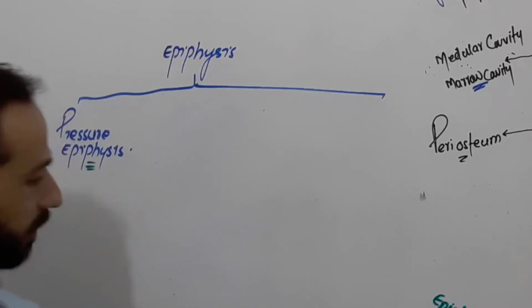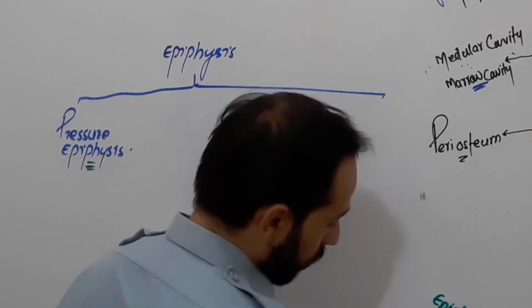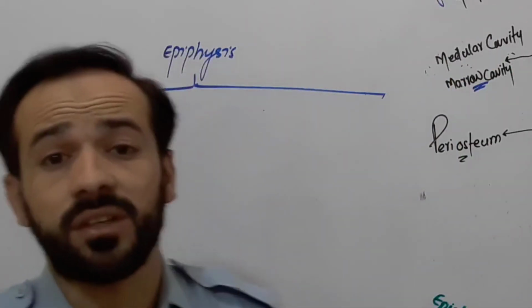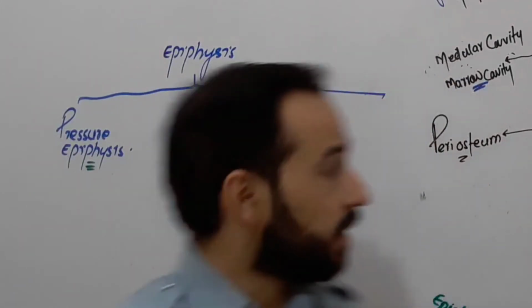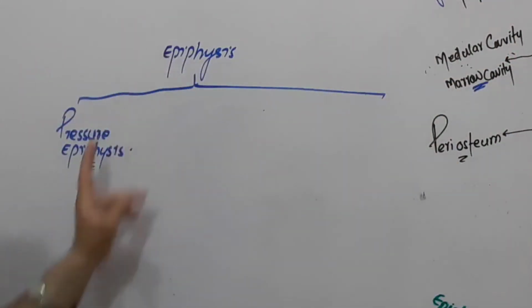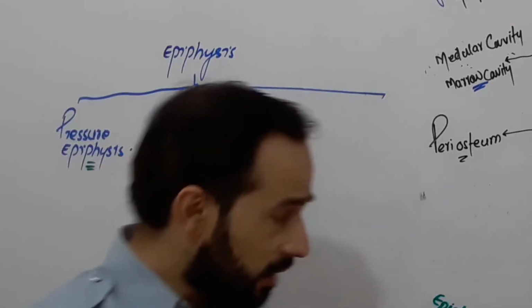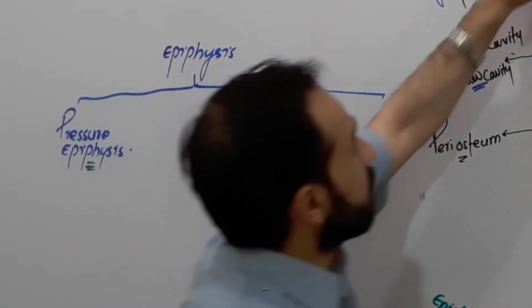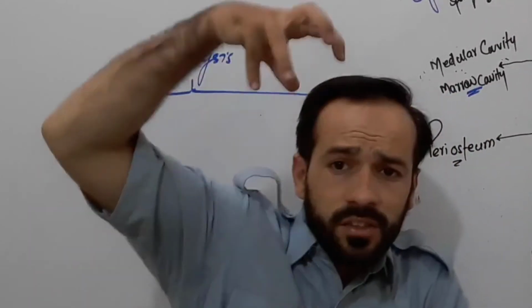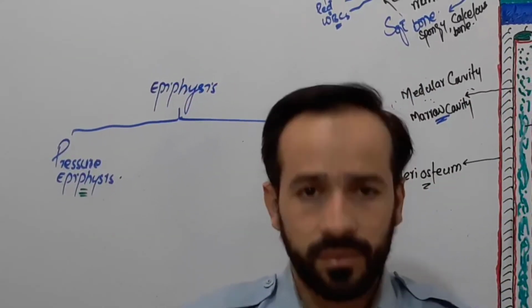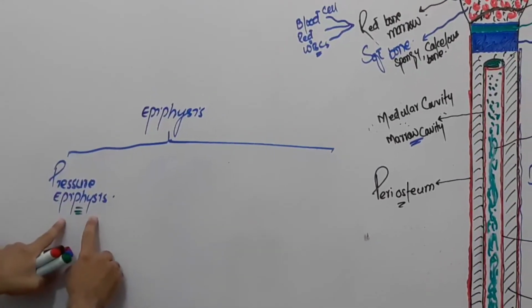Where is this pressure epiphysis actually present? You can see this proximal and distal epiphysis. So these are actually the pressure epiphysis, and these are the types of epiphysis which make the joint. These are the epiphysis which transfer the weight of the body from the upper bone to the lower bone, right? So what is pressure epiphysis?